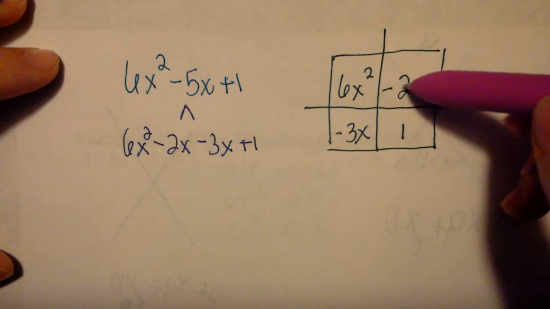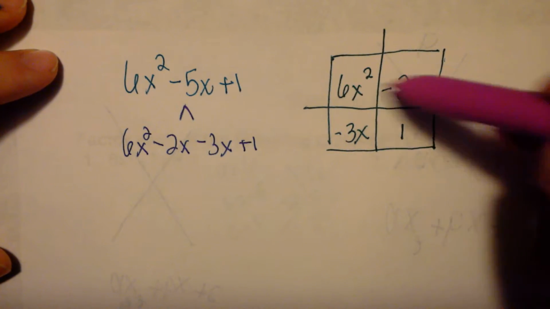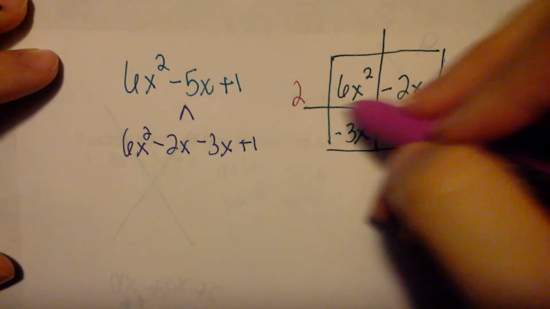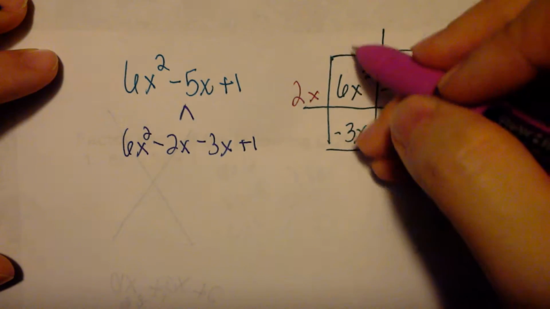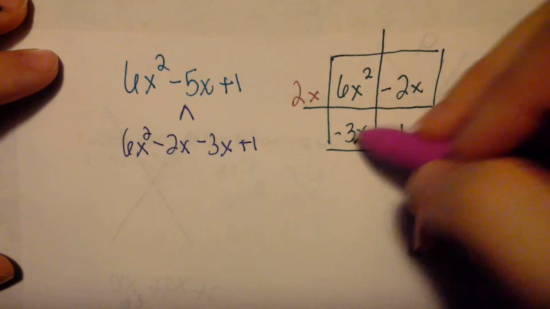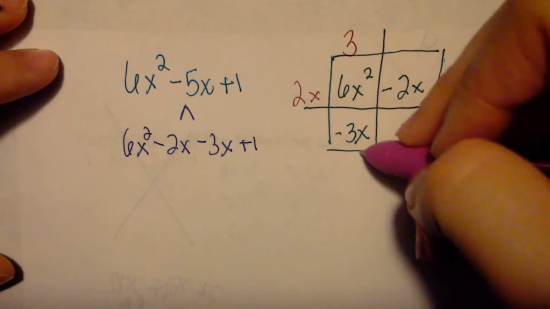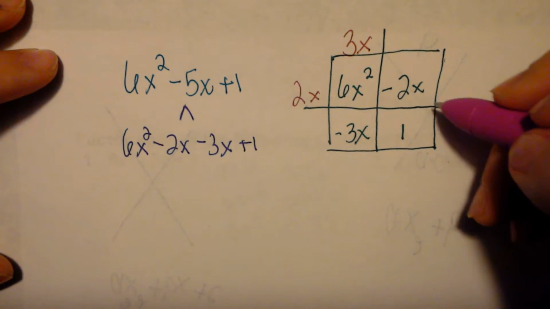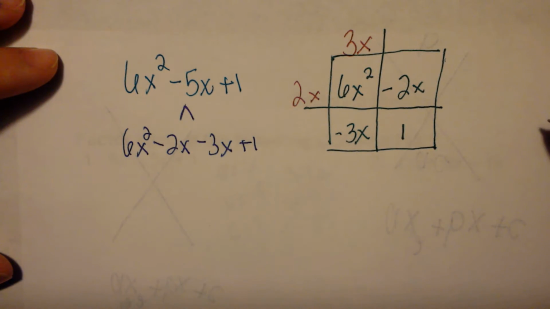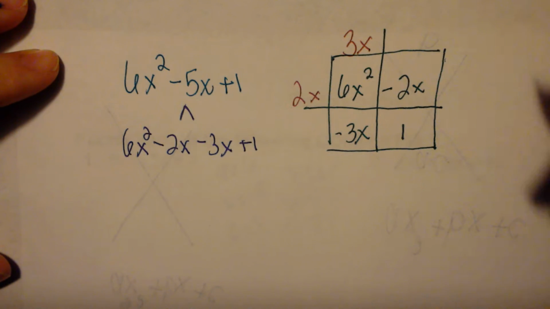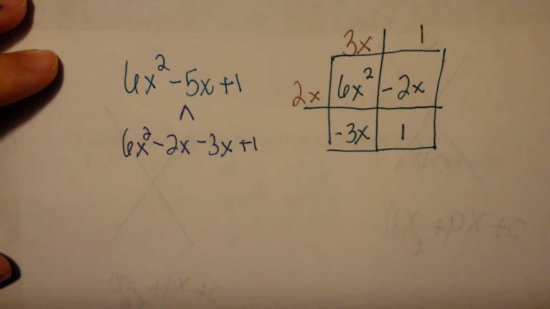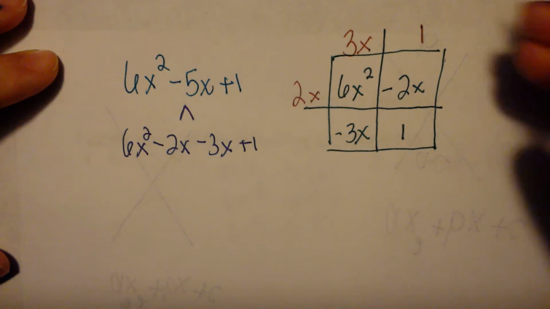And now I pick two boxes at a time. 6 and -2 have a 2 in common. x squared and x have an x in common. Going down, 6 and -3 have a 3 in common, and there's an x in common. Going down, -2 and 1 don't have a factor except for a 1, because 1 is a factor of every number.